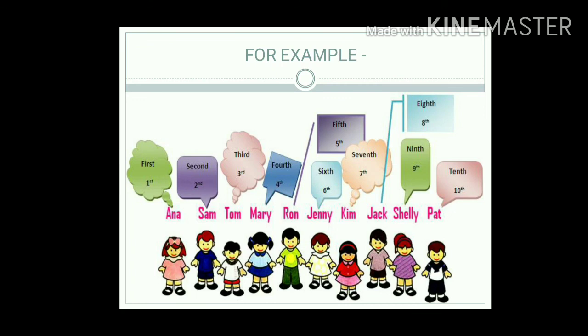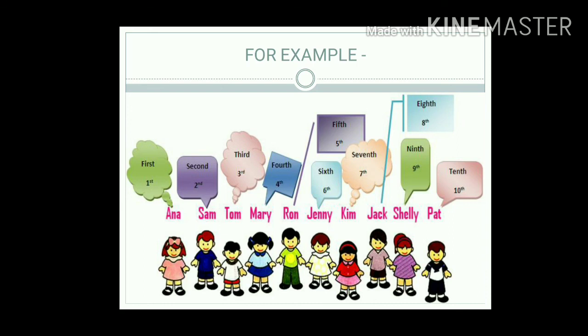Now see the picture over here, children. We have the numbers from 1st to 10th. These are the ordinal numbers. Now, can you see the girl named Anna in this picture? Yes, she is wearing pink. And what is her position? Her position is first. Now, where is Ron?